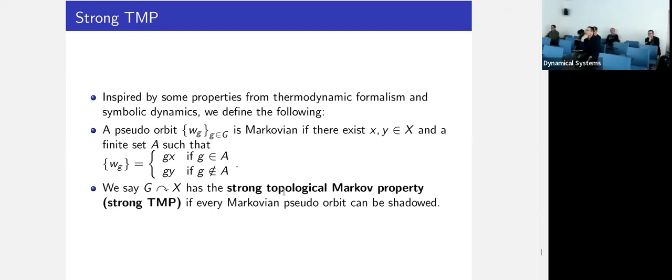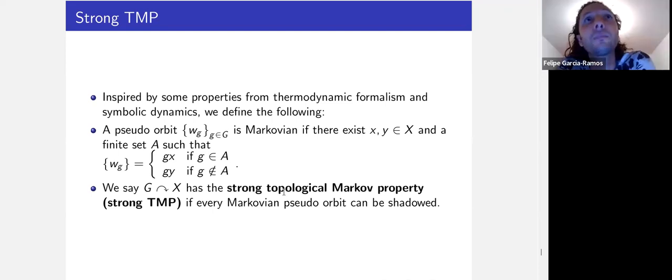Why did you call it Markovian? We call it Markovian because this is related to something called Markov fields. People wanted to define Markov chains for other groups. What does it mean to have Markov chain properties on a group action?